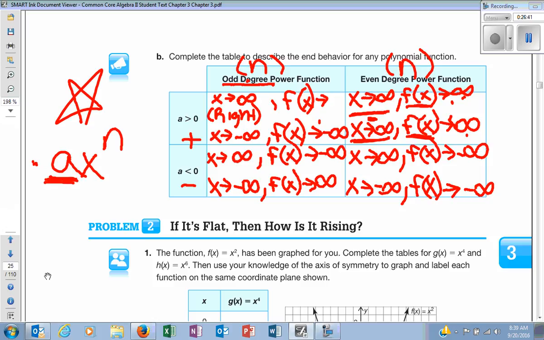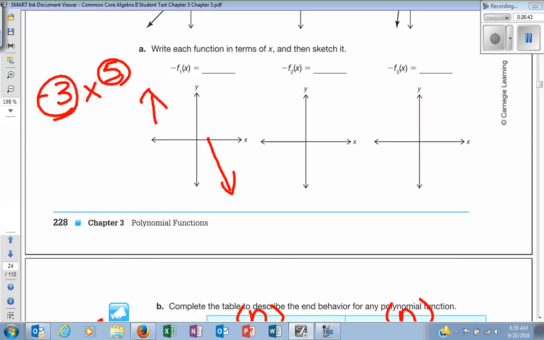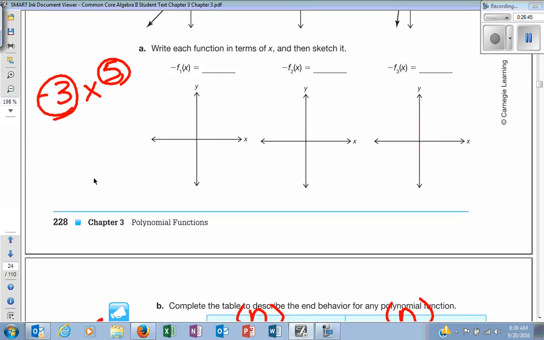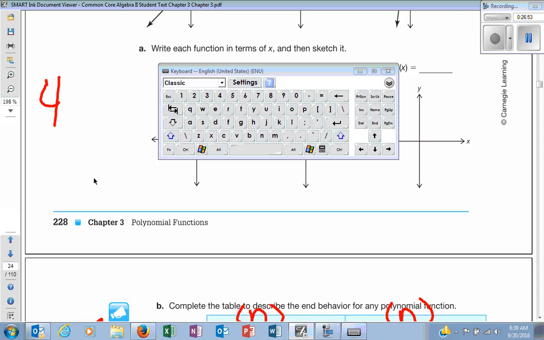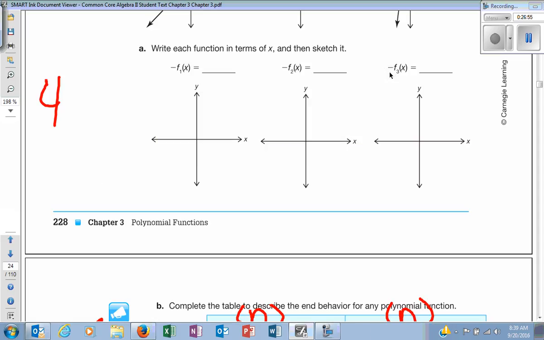This is my x. This is y. So what this is telling you, this says if you have a positive a and you have x to the 6, so I have a positive and an even, I know my graph on my left side is going to be up.